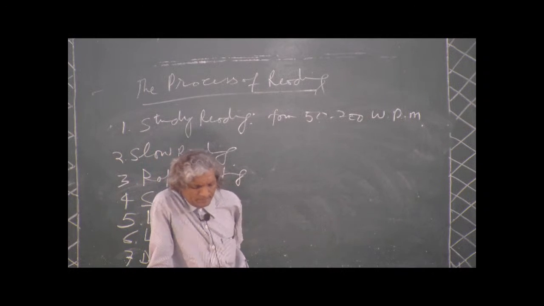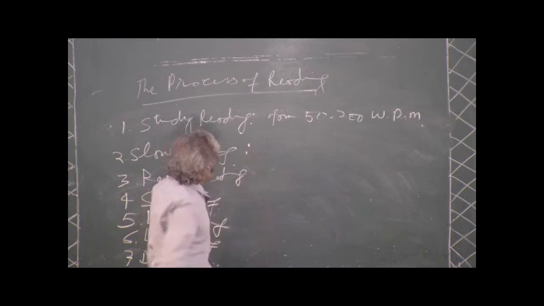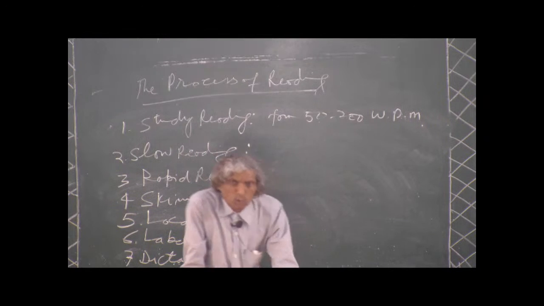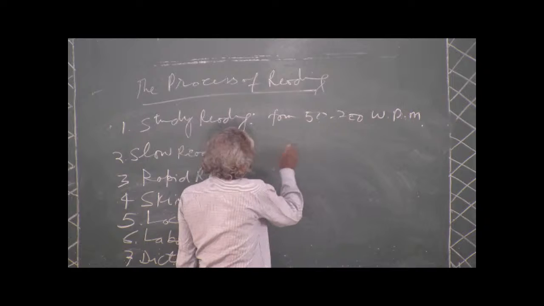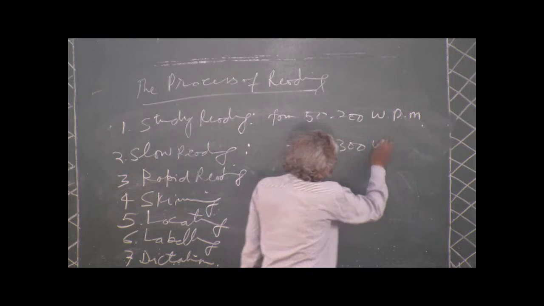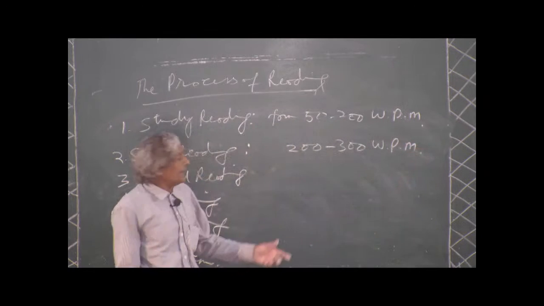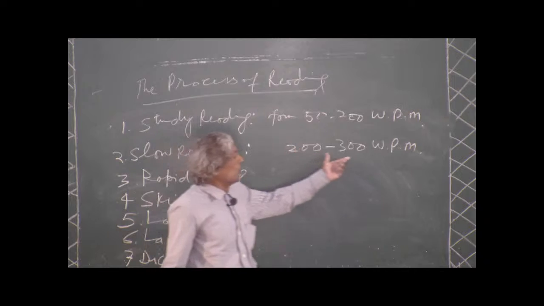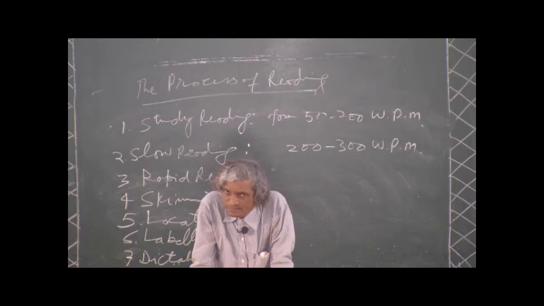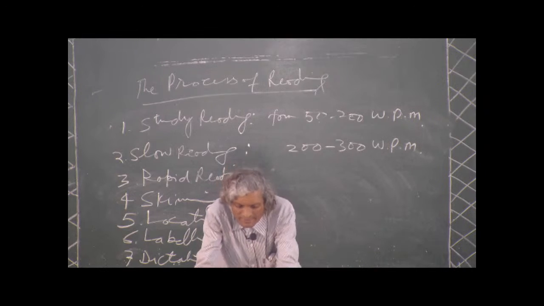Slow reading, when the speed of reading is from 200 to 300 words per minute, that is called slow reading.